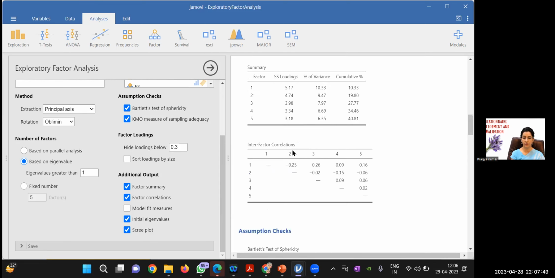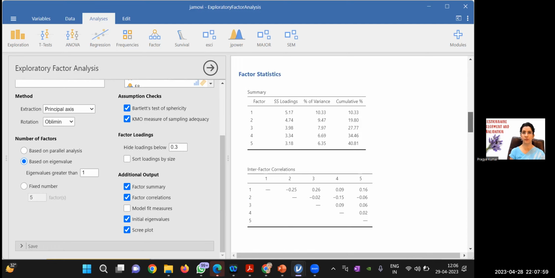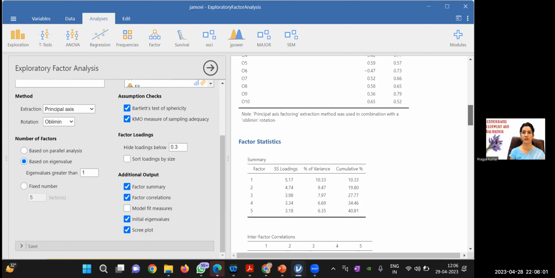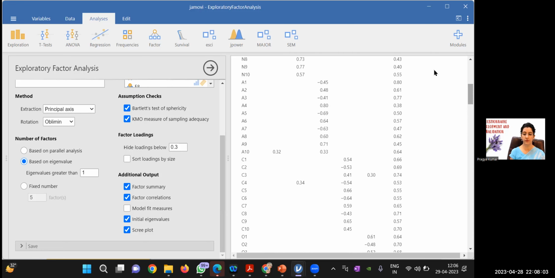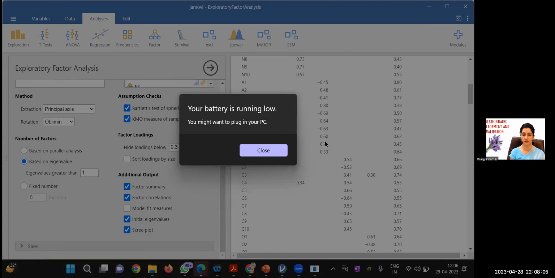You can see the inter-factor correlation. This is the basis of convergent validity and discriminant validity, and for convergent validity it should be more than 0.7, which we have discussed.